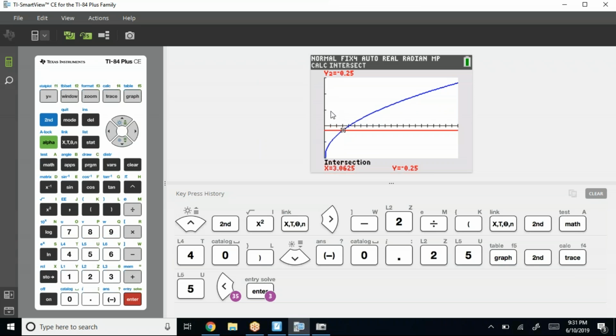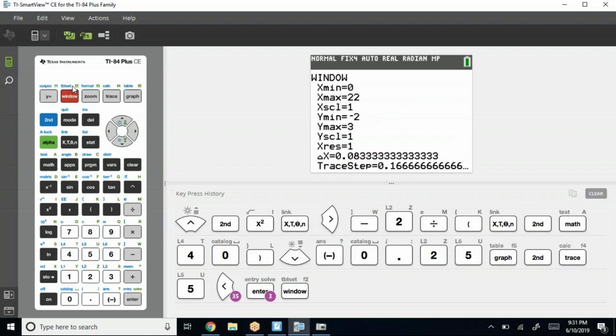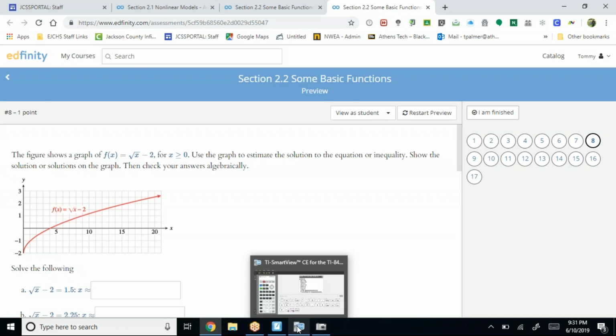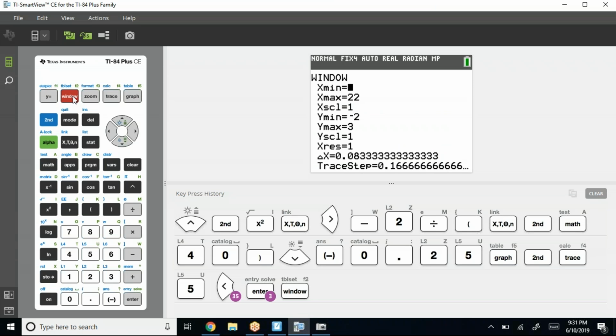Yes. Okay. See, right now, look at my window limits. The x-axis goes from 0 to 21. I put 22. And then the Y goes from -2 to 3. So if you just hit that window button, I typed in 0 and 22, and then Y min is -2 and 3.